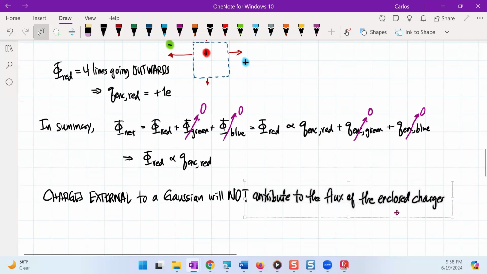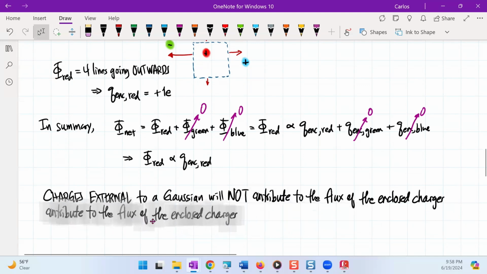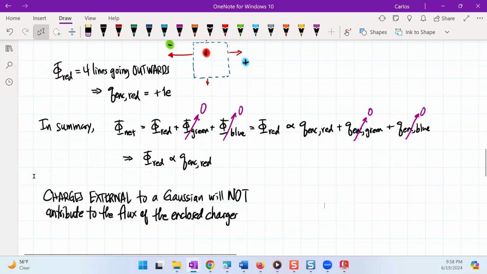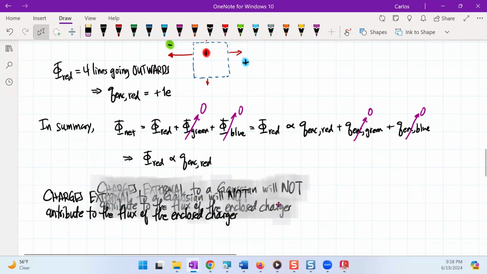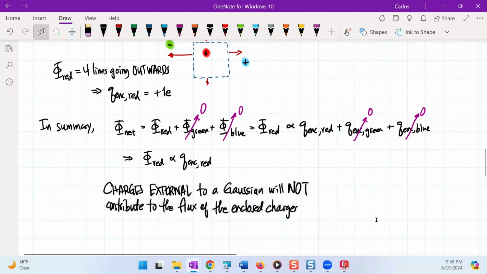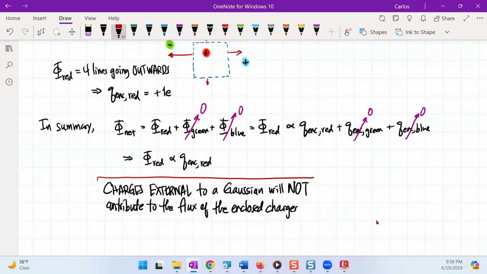So just to make it a little bit tighter here, because I want to box this guy, this is the main point of what I just covered right here.